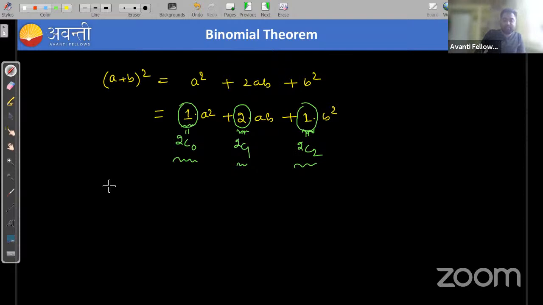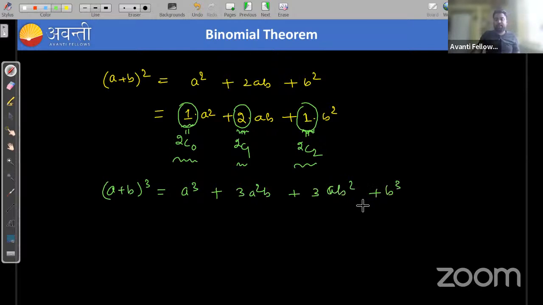Similarly, if I ask you to write the expansion of (a plus b) whole cube, this will be a cube plus 3a square b plus 3ab square plus b cube. Here the coefficient of a cube is 1, of a square b is 3, of ab square is 3, and of b cube is 1.